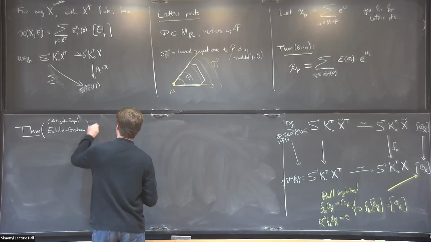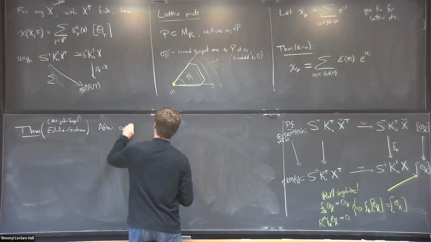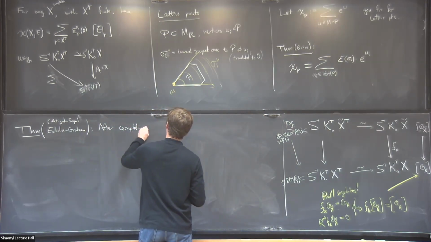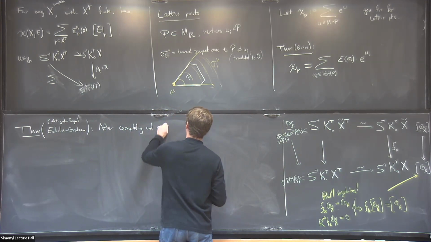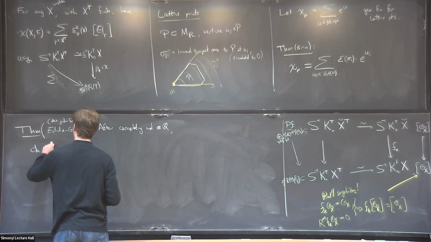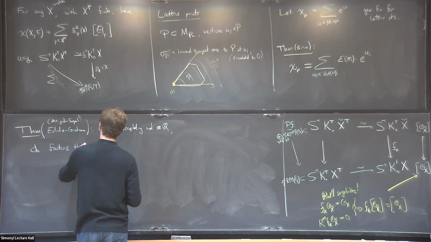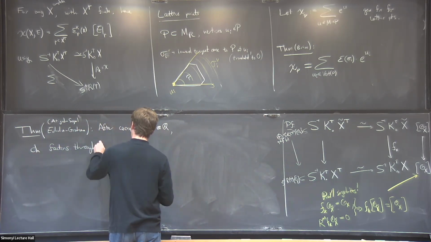So after completing and tensoring with rationals, the Chern character factors through an isomorphism.